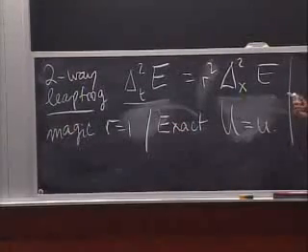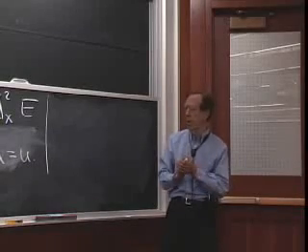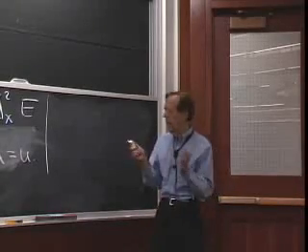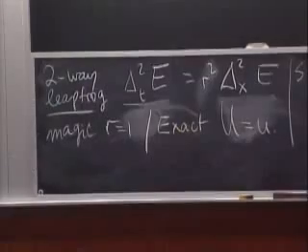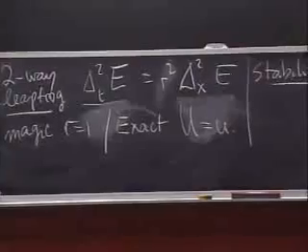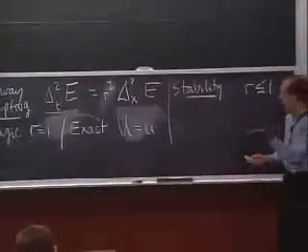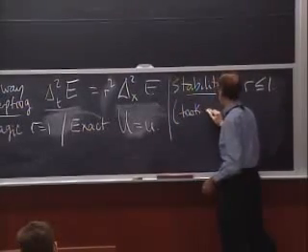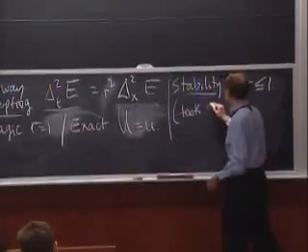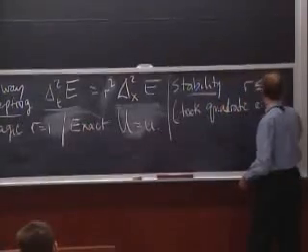Leapfrog, first of all, worked for second order equations. It led us to the same stability condition, that r had to be less or equal 1, but it took a quadratic equation for g.